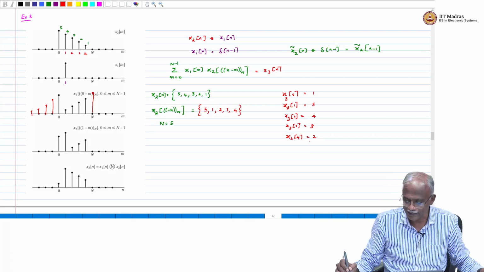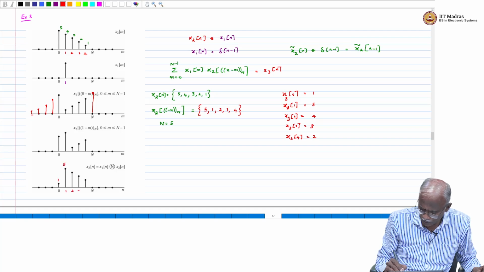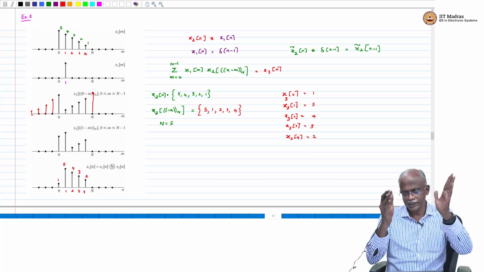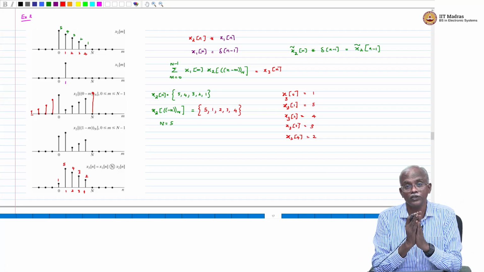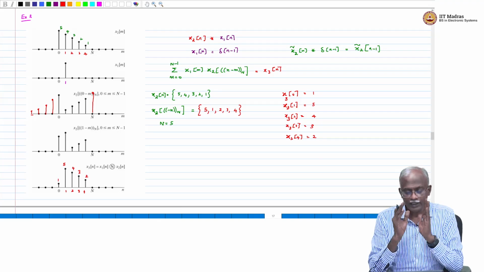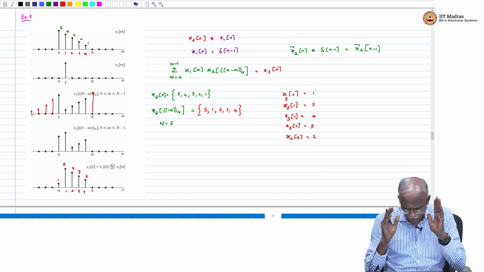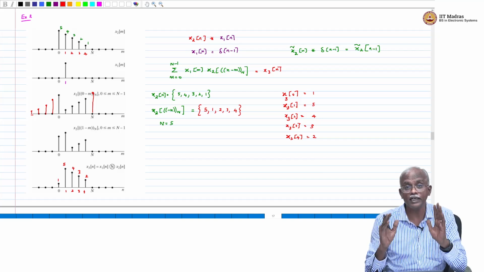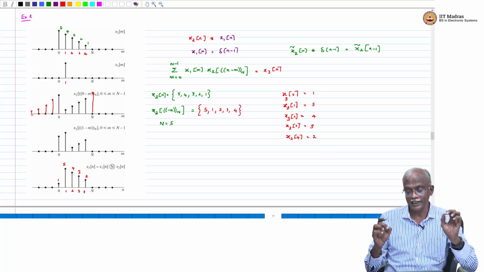So this is the output that we have: x of 0 is 1, x of 1 is 5, and then 4, 3, and 2. So this is how to perform circular convolution. That is an extremely important aspect, and you must be very clear on how to do that and be able to capture that in a correct manner.